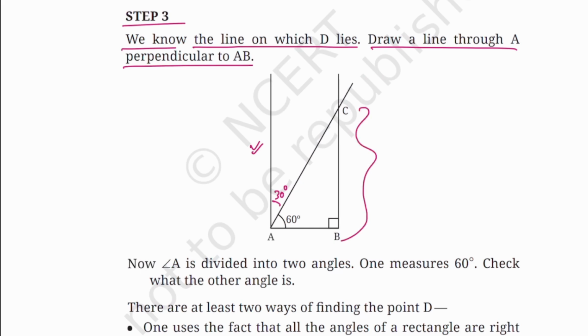Measure the length BC using a compass and draw an arc taking A as center, cutting the perpendicular drawn at A. Name the point as D. Join CD. Your rectangle ABCD is ready.